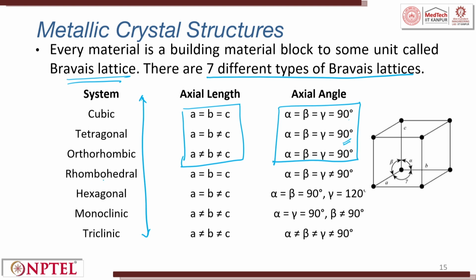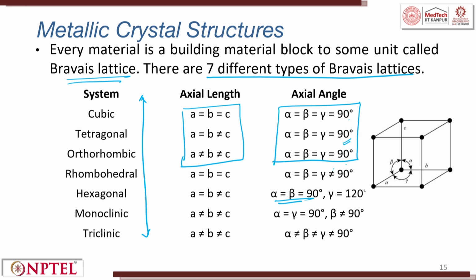When we go into rhombohedral, you will see that alpha equals beta equals gamma, which is not equal to 90. That's rhombohedral. Hexagonal, where alpha and beta will be 90 and gamma will be 120. So what are we trying to do?